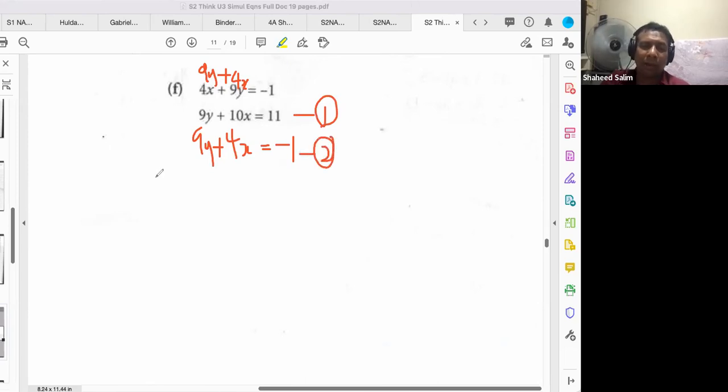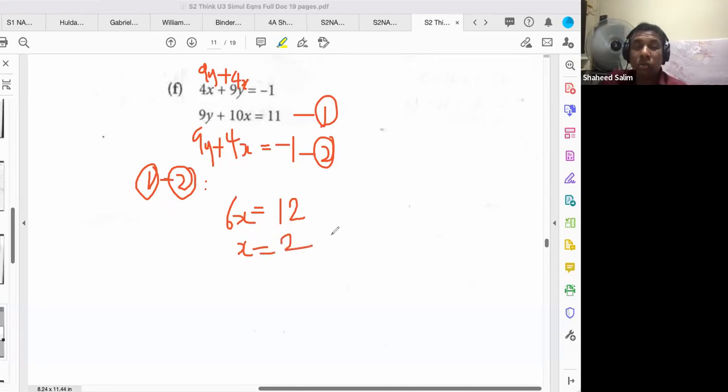In your bracket, just write equation 1 minus equation 2. 11 minus -1 equals 11 plus 1 equals 12 lah. 10x minus 4x is 6x. 9y minus 9y, no more y. So 6x equals 12. X equals 12 divided by 6 equals 2.